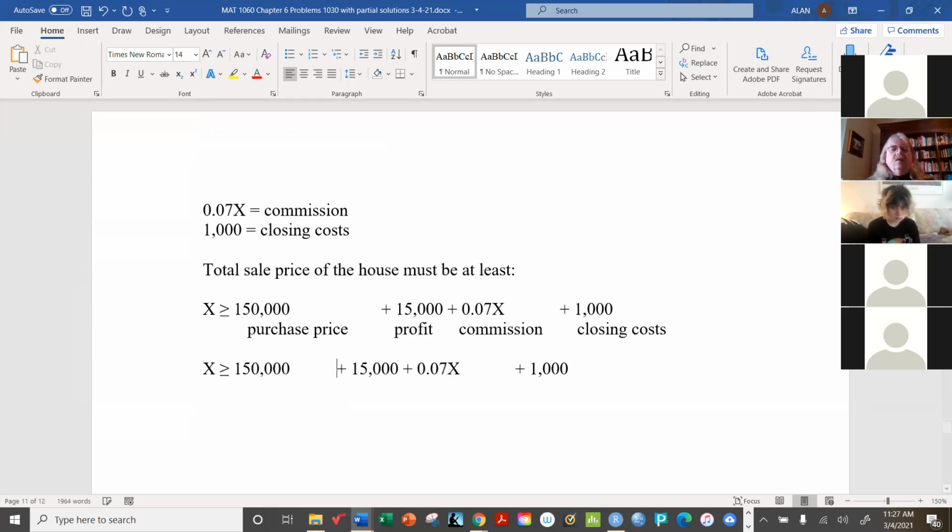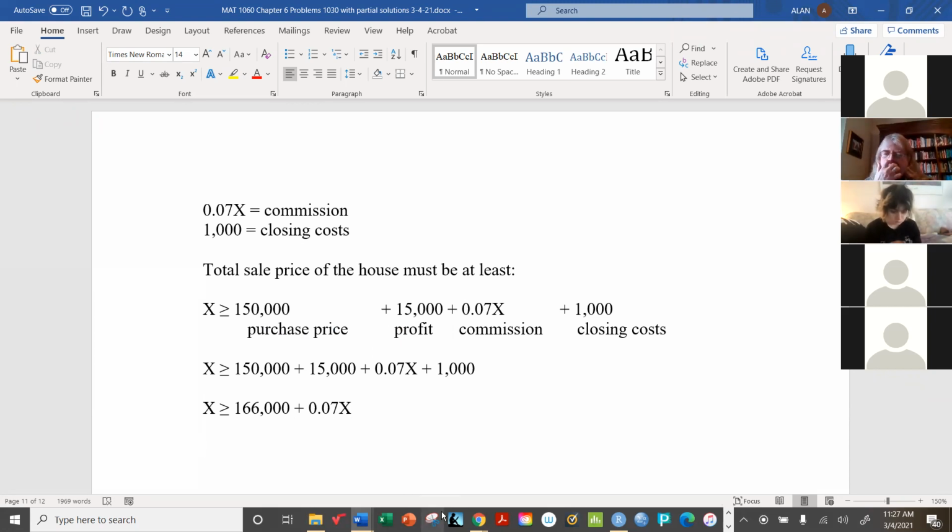All right, so now what can we do? Well, first things first, let's gather together all the like terms. So there's 3 constants in here, which is kind of nice. That makes things a little bit easier. 166,000 plus 0.07x.